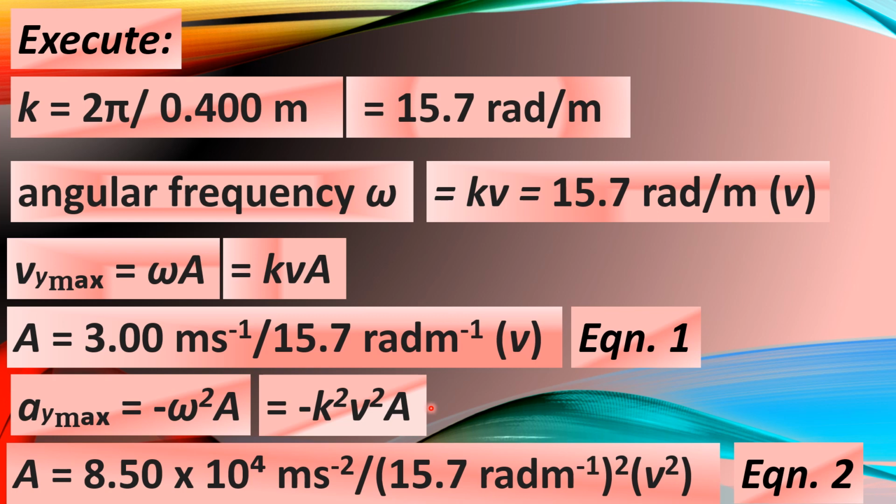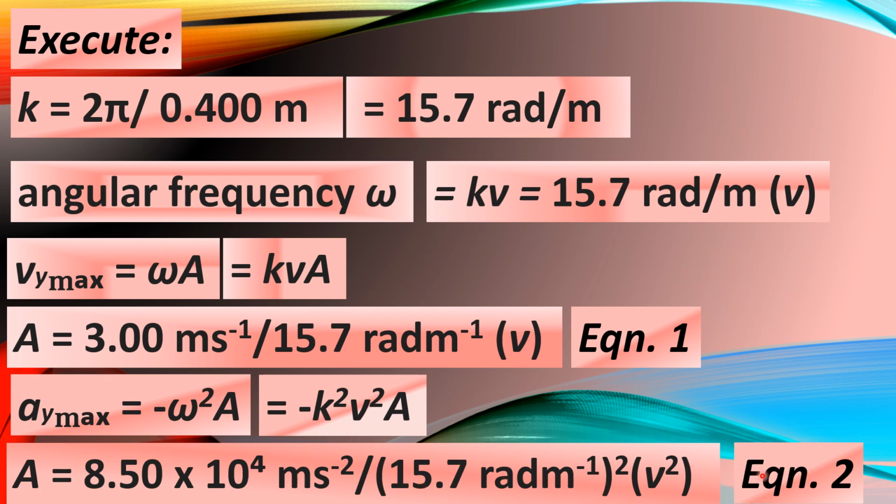Since we're only after the magnitude of the amplitude, strictly speaking, amplitude is always positive. So that's the reason why we already ignored the negative sign here.